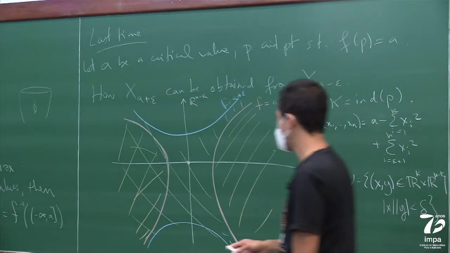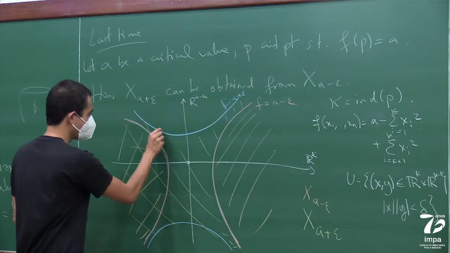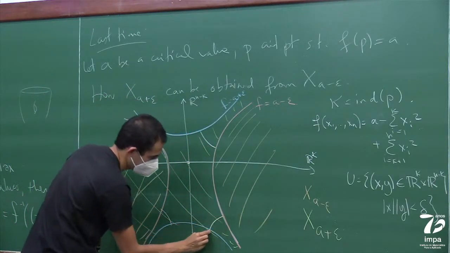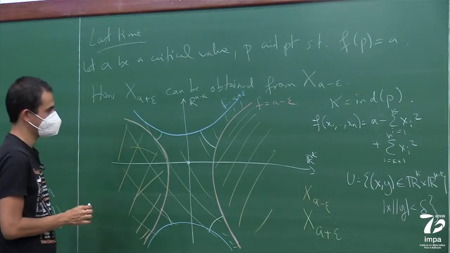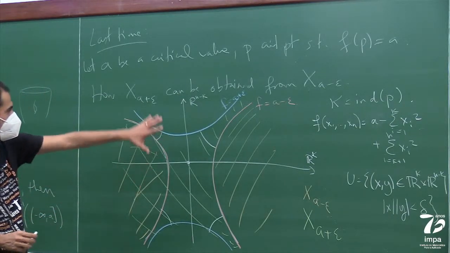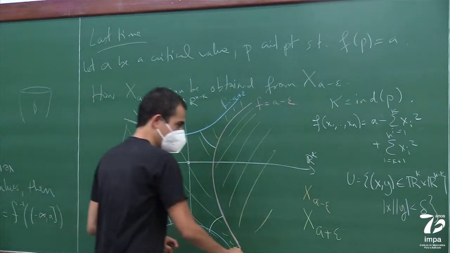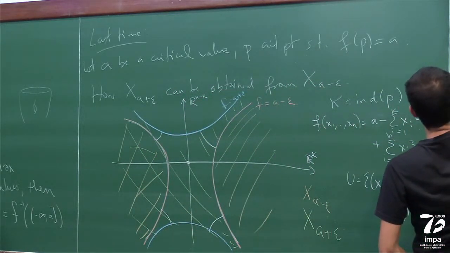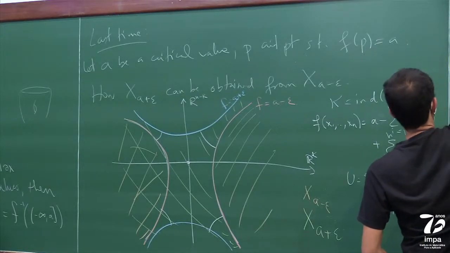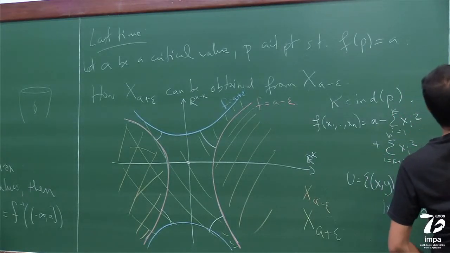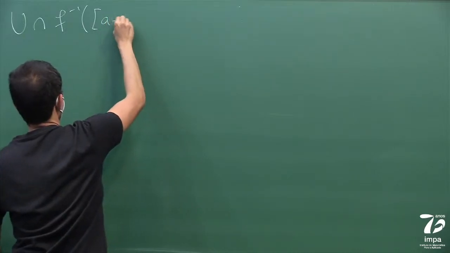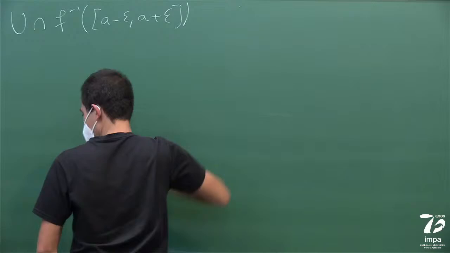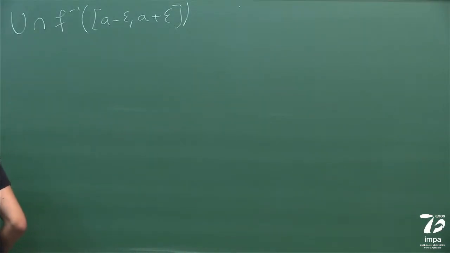Then this U is going to be a set like this. But if you look at the intersection of U with this, so when you look at U intersected with the pre-image of [A minus epsilon, A plus epsilon], this is what I was calling last time H.